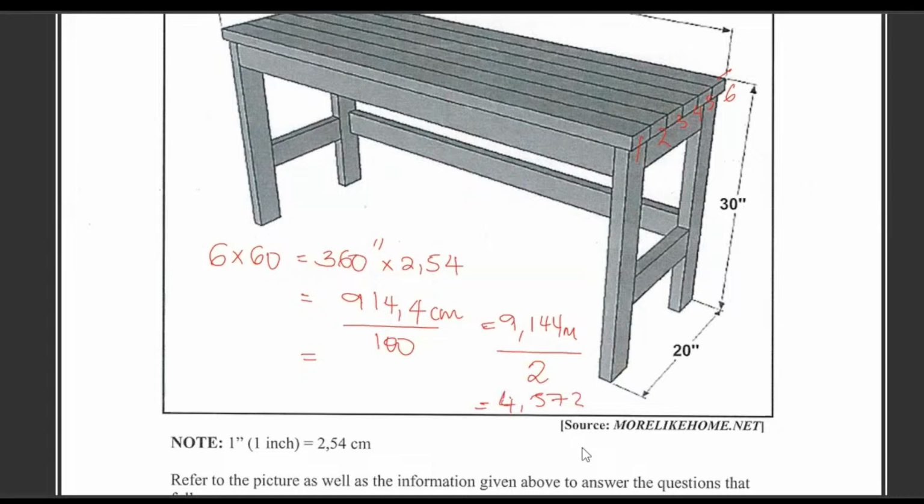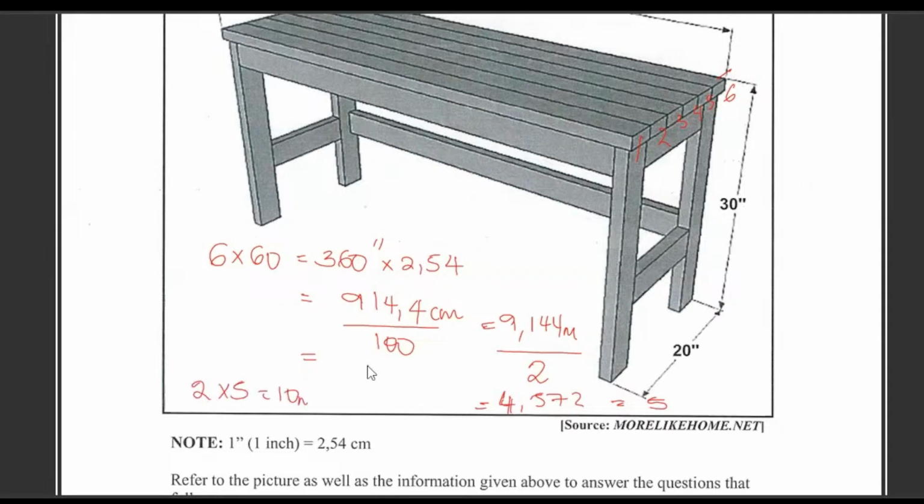But remember, they don't buy half a plank. They buy full planks. So what we need to do is that we find out. So if he needs 4 something, that means these are approximately what? 5 of them. So it's going to be 2 times 5, which is 10.